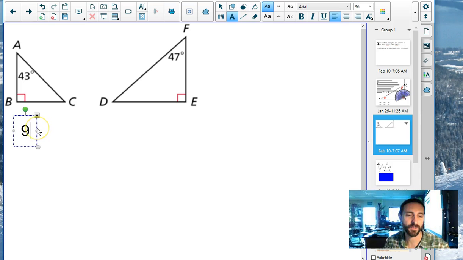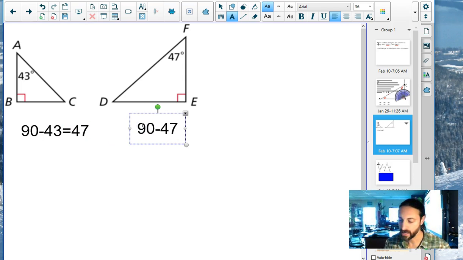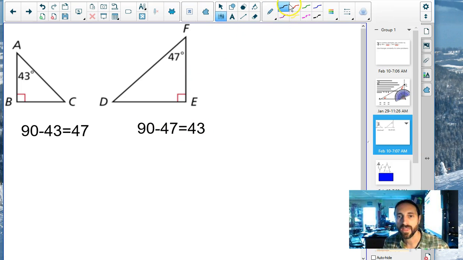So this third angle here would be 90 minus 43, and that is 47. And this one here would be 90 minus 47, and that is 43. So that one's 43, that one's 43, and these two triangles are indeed similar.